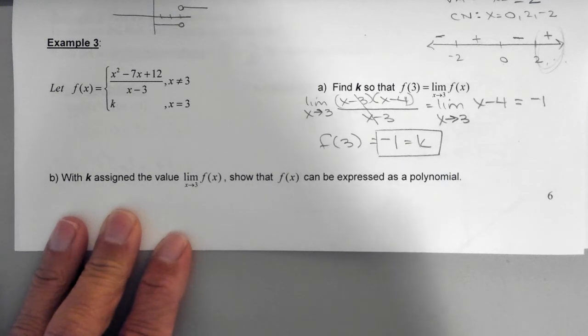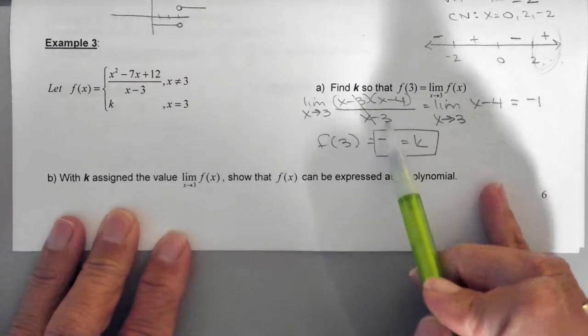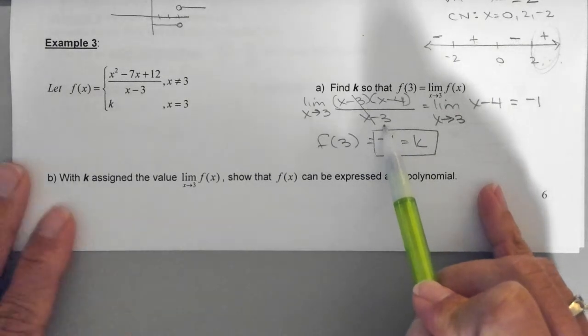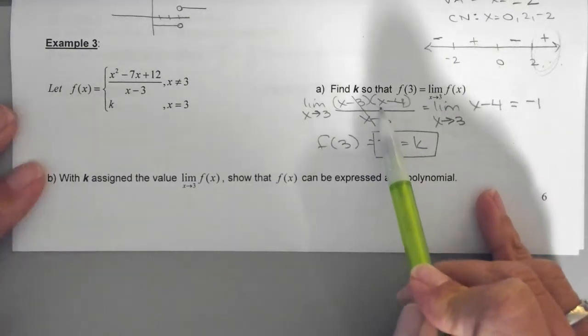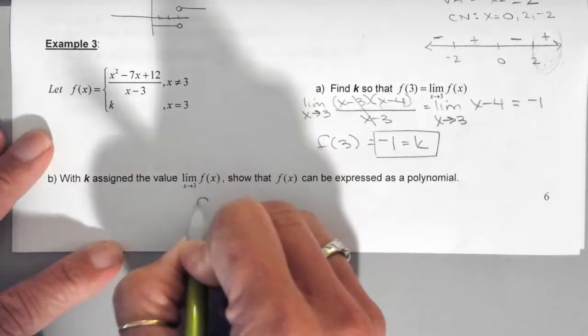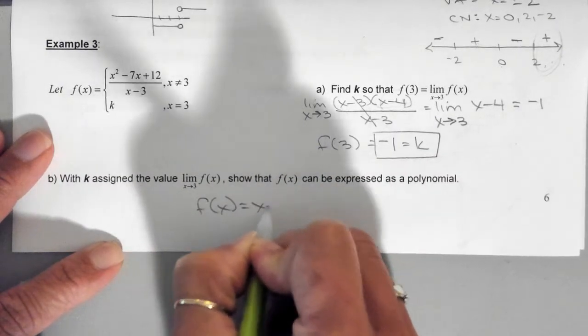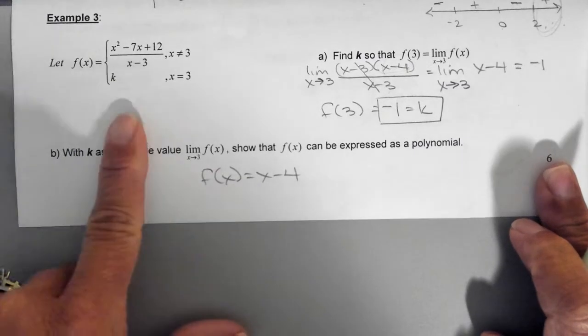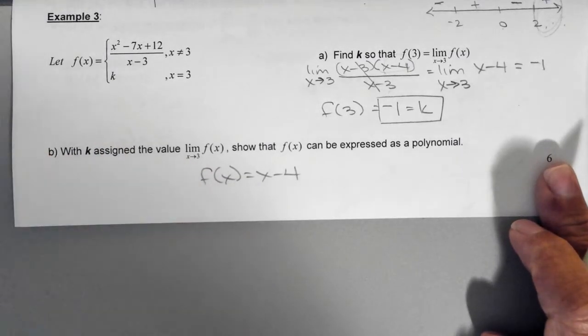A little bit louder. x minus 4 is correct. We canceled out the hole, and we got rid of the denominator, which is what made it a rational function and not a polynomial. So now, even though it's boring, it's still f of x is equal to x minus 4. Polynomial. k is assigned. It's -1. Done.